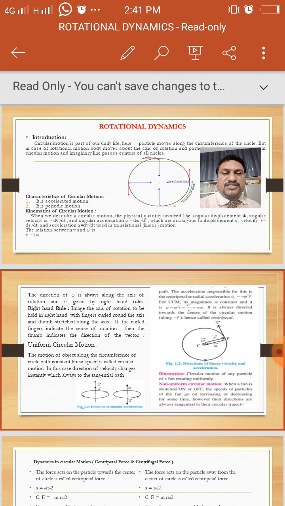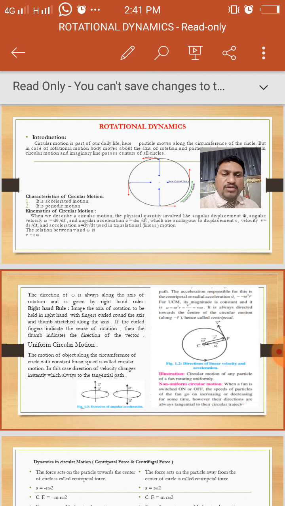The second characteristic is that it is a periodic motion. Circular motion is a periodic motion. But what is meant by periodic motion? The motion which repeats itself after an equal interval of time. That can be understood by considering an example: an electron revolving around the nucleus.